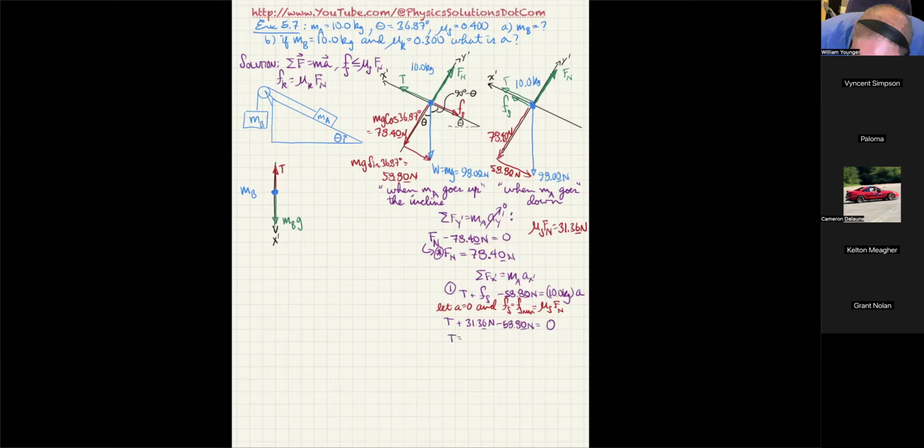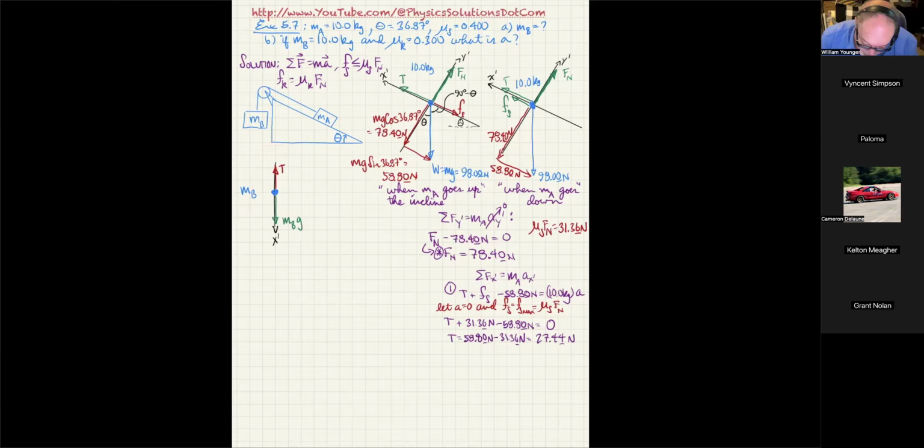That means T is equal to 58.80 newtons minus 31.36 newtons, which equals 27.44 newtons. But remember, over here, if the acceleration is really zero going up the incline, then the acceleration for the hanging mass is also zero.